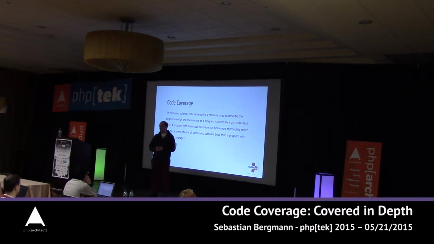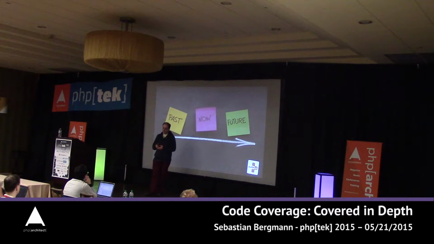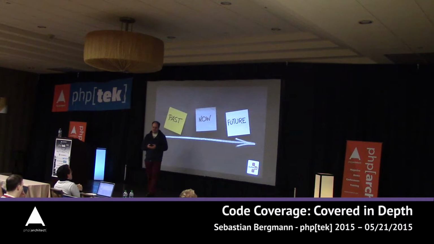A program with high code coverage has been more thoroughly tested than one with a lower code coverage, and the idea is that if you have a high degree of code coverage, then it's less likely that you have bugs in the code base that you're not aware of. I already mentioned that code coverage is something that has fascinated me for a long time, so let's start with a look in the past.